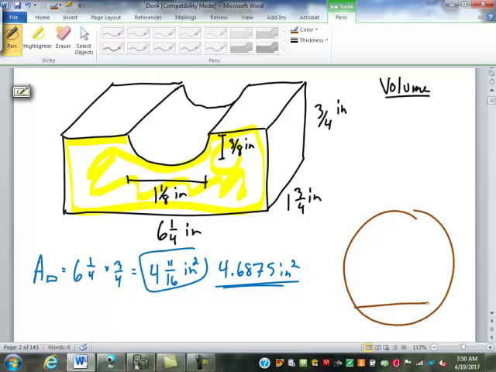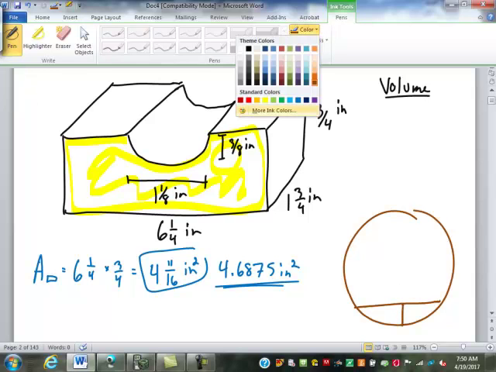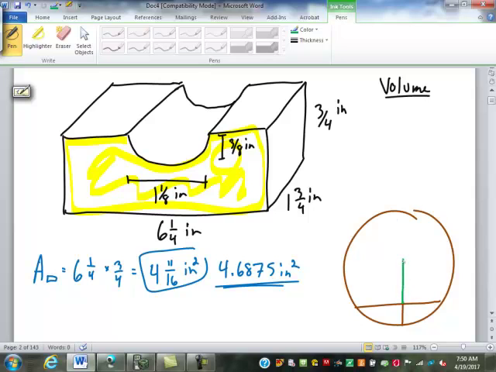Okay. Now you start out by drawing a separate circle. What do I know on this circle? 3/8 is this piece. What's this piece here?